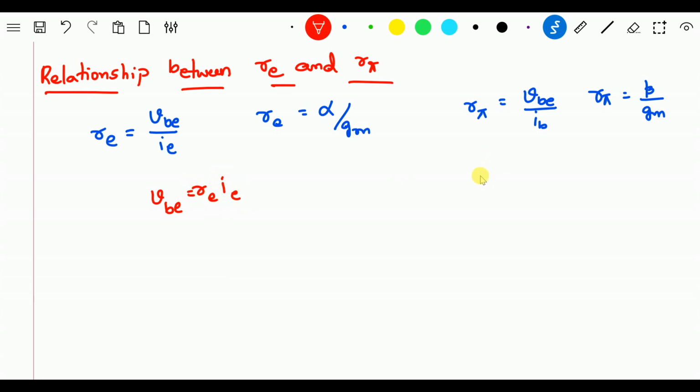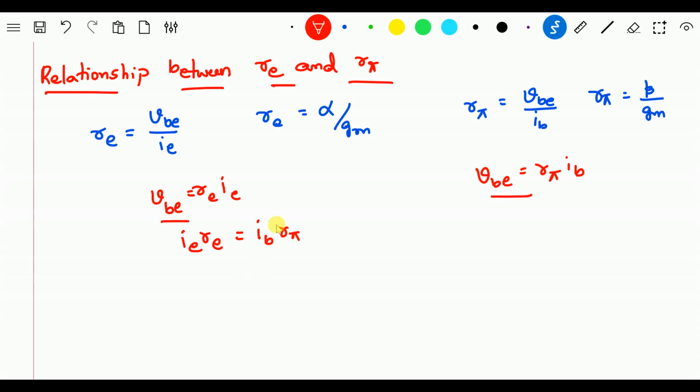This side, if I take VBE, I can write this as R pi into IB. Now, if I equate both, because both LHS are equal, I can easily say that IE RE equals IB into R pi.